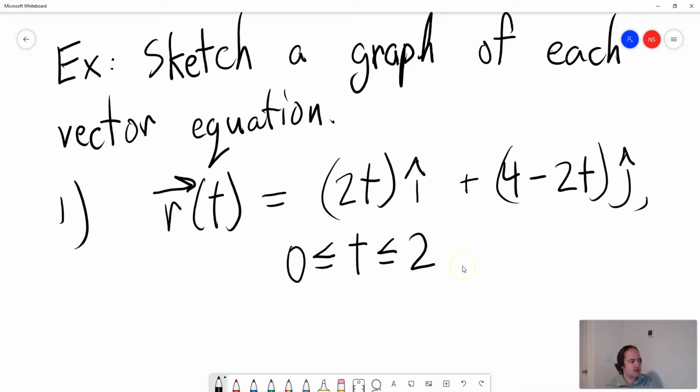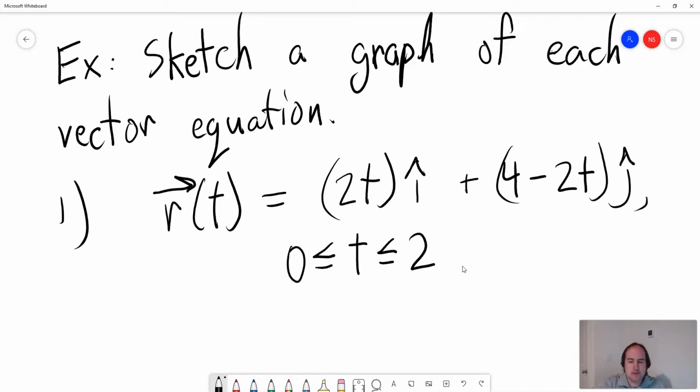Now probably the easiest way to do this is by plotting points. When you're plotting points, you can also calculate the derivative to determine the velocity if you want to, but you don't have to take the derivative. You can just plot points and get a pretty nice graph.